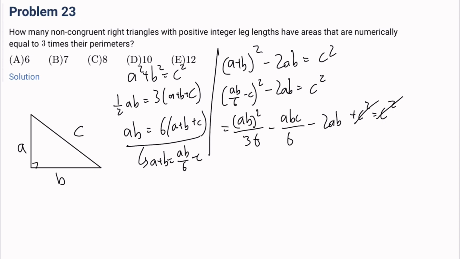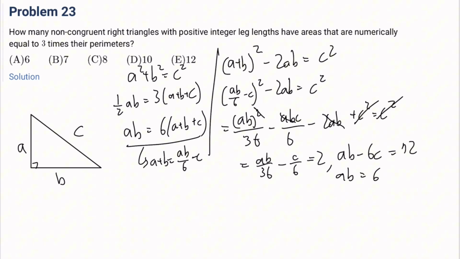So these two will cancel out, and then if we divide by AB, that gives us AB over 36 minus C over 6 minus 2 equals 0, so that equals 2. If we multiply everything by 36, that gives us AB minus 6C equals 2 times 36, which is 72. So AB equals 6C plus 72, AB equals 6 times (C plus 12).